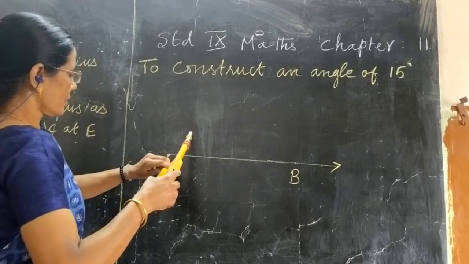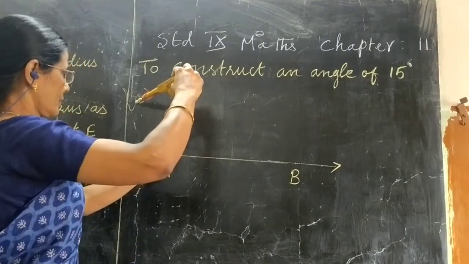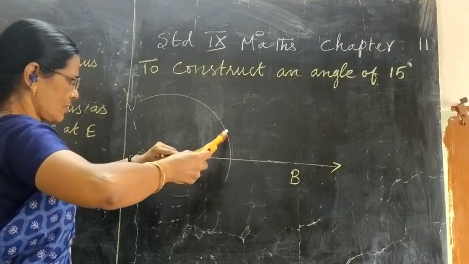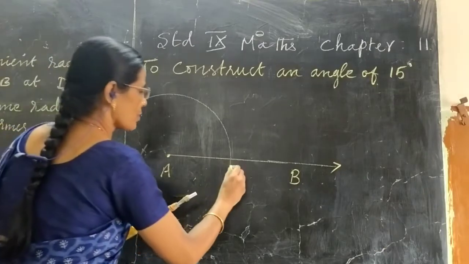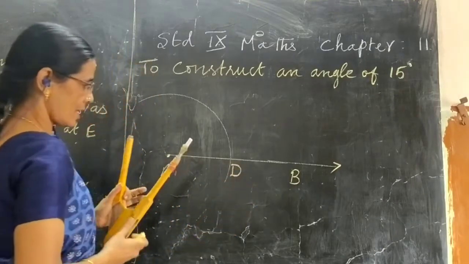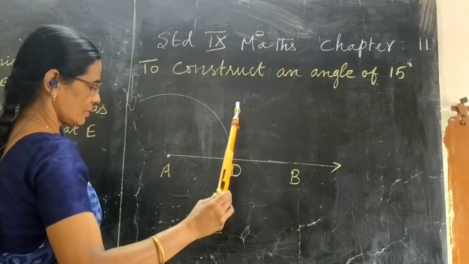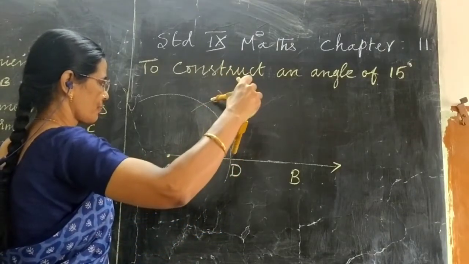Now A center and any convenient radius and arc is drawn. This is similar to 30 degree, there is no change. So let us name the point of intersection as D. Center D and with the radius we have taken earlier, an arc is drawn.